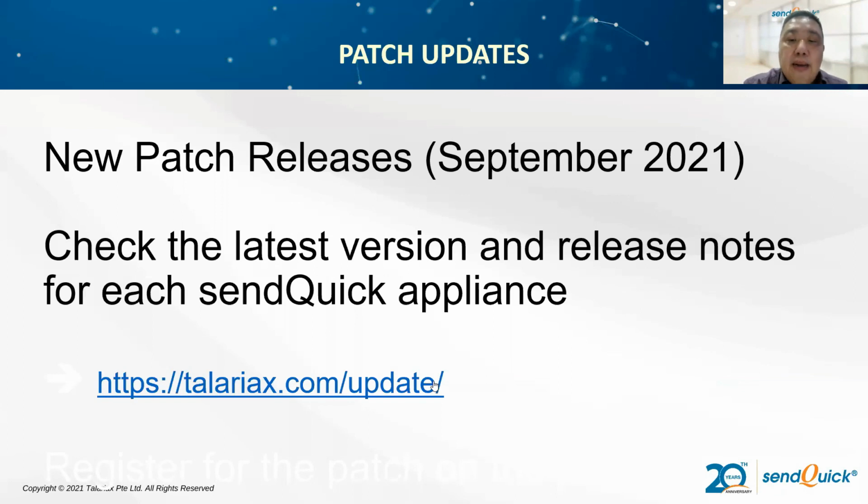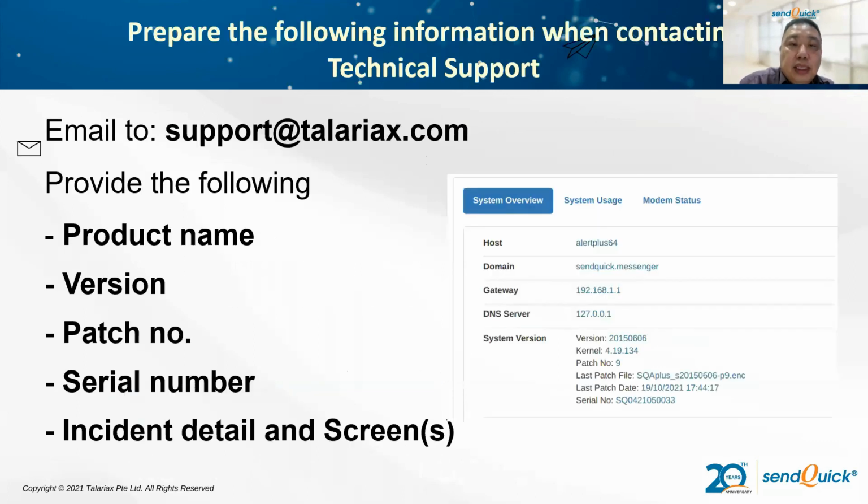If it's quite current, maybe you don't need to patch. But if your version is pretty old, you may want to consider getting in touch with us to do a new patch on your appliance. But of course, if the appliance is too old, then maybe it's better to do a hardware refresh. But for all this, you let us know. You can contact us via support.